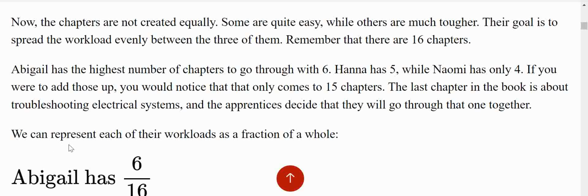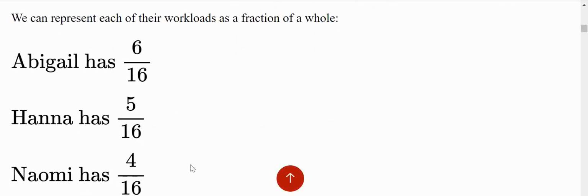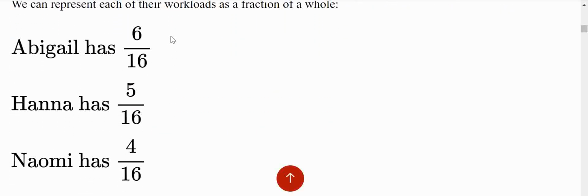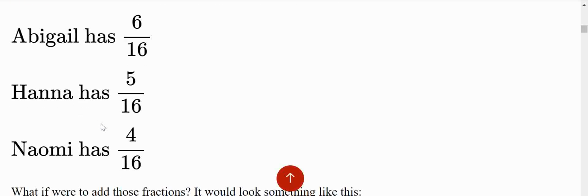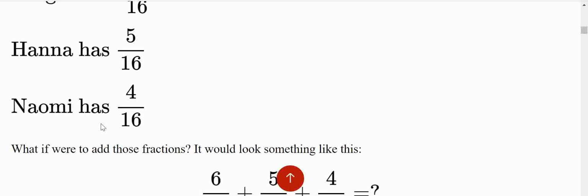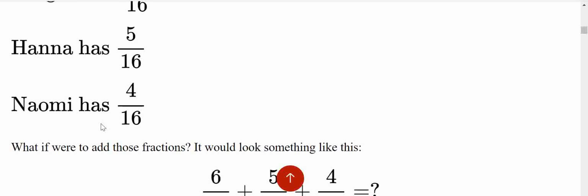We can represent each of their workloads as a fraction of a whole. Abigail has 6 over 16. Hannah has 5 over 16. Naomi has 4 over 16.